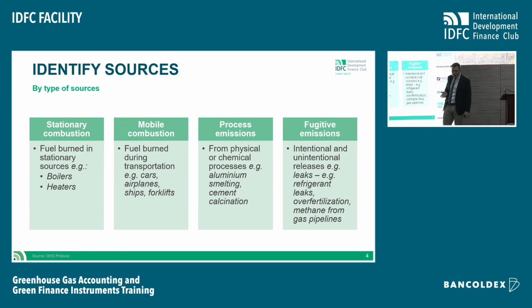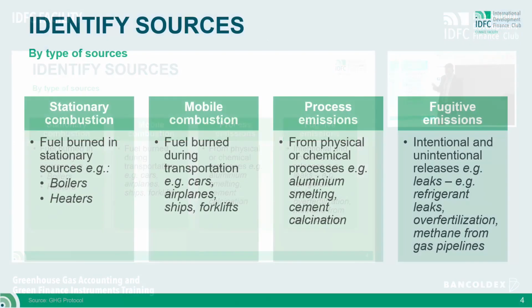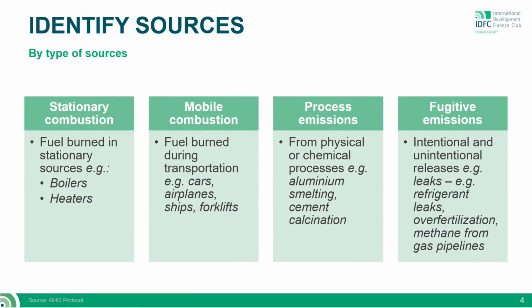What are the typical sources in a company? Anything connected with combustion of fossil fuels, so stationary combustion: boilers, heaters, and so on. Mobile combustion is connected with transportation, typically cars, airplanes, ships, buses, forklifts.